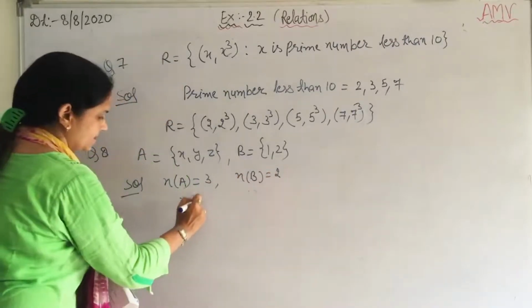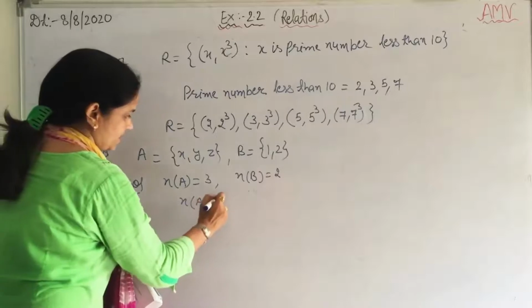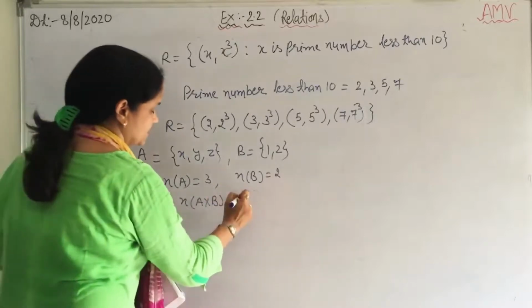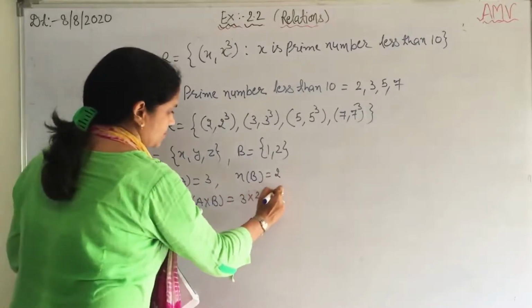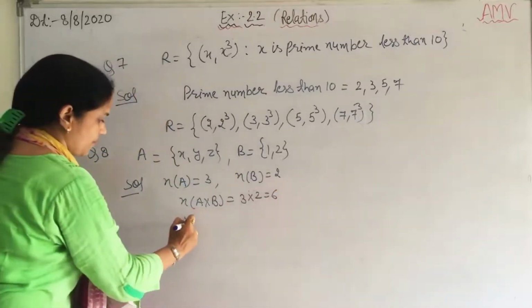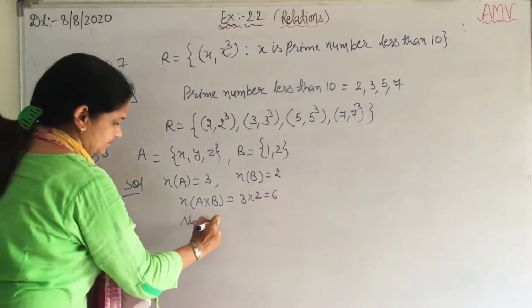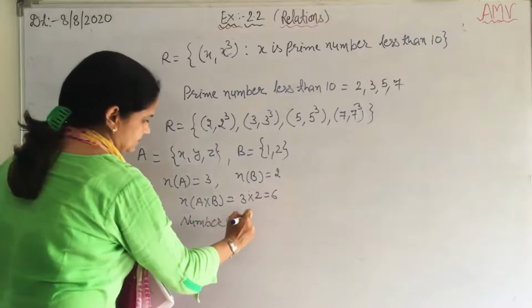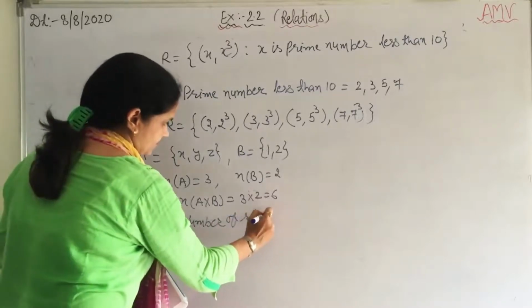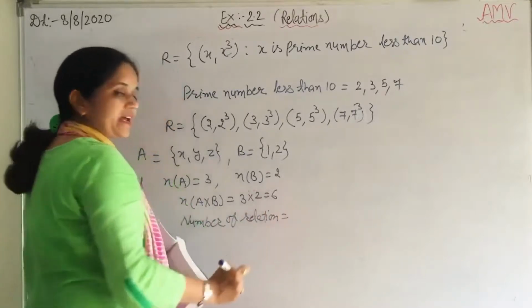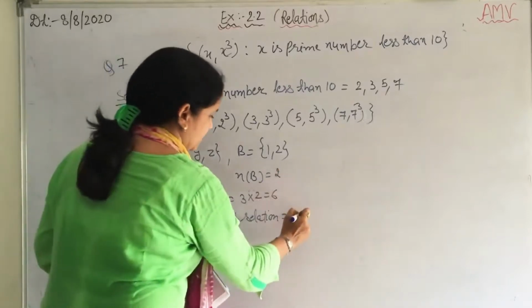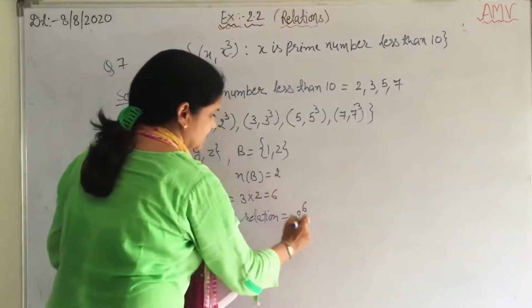So n of the Cartesian product A cross B is 3 into 2, which means 6. So the number of relations, the formula is 2 raised to the power pq. It means 2 raised to the power 6.